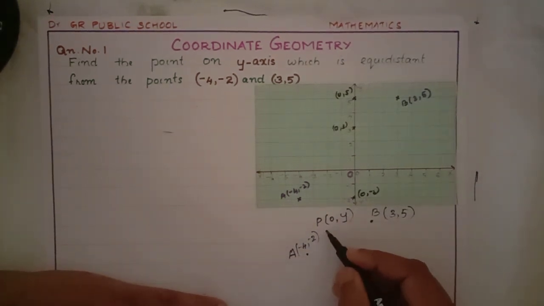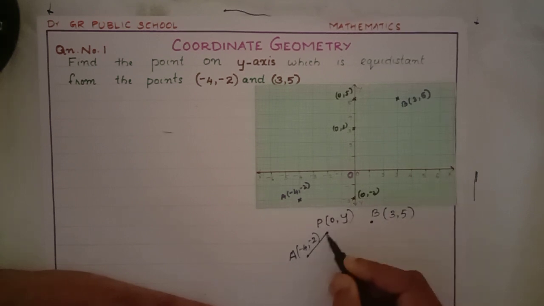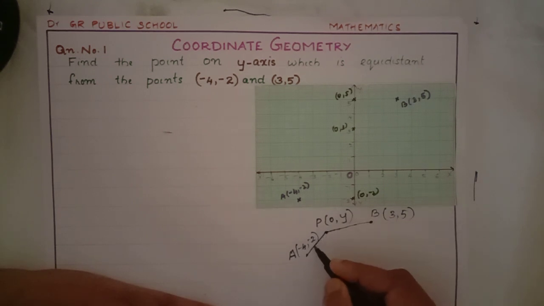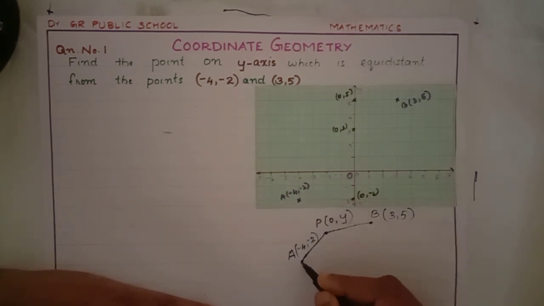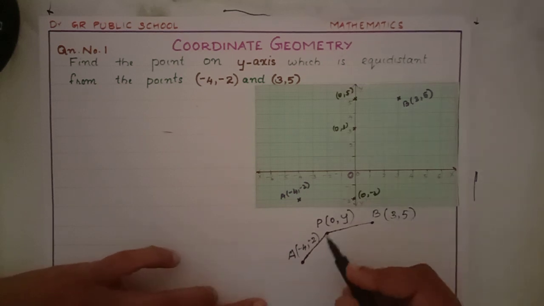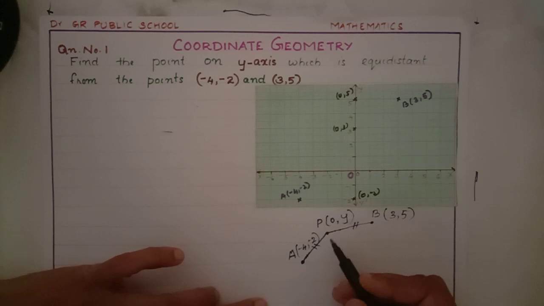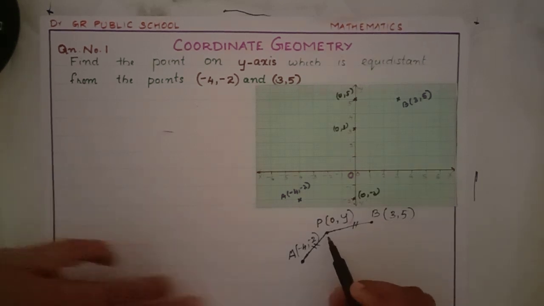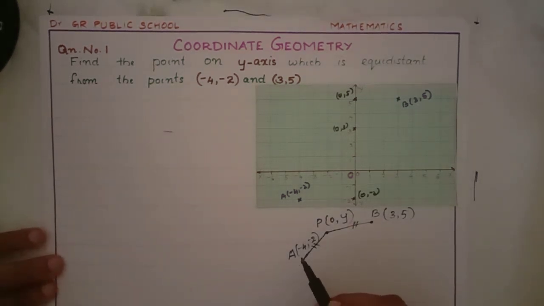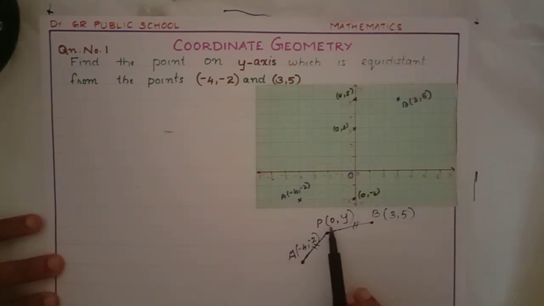It is given these two points are at equal distance from P. That means these two distances are equal. So what can we say? PA equals PB, isn't it? That we are applying here to find the value of y, or to find this point on the y-axis.